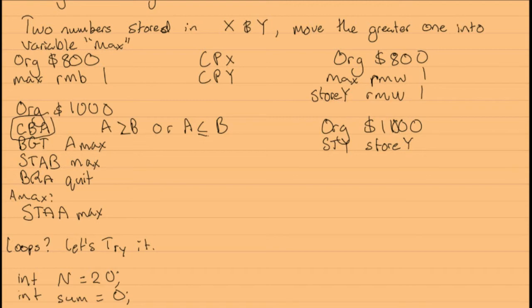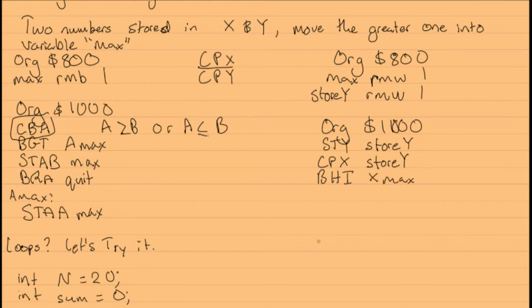Okay, so now that we have our Y in our memory location, we can use this command here to compare register X to our store Y. And then we'll do the same thing here. We're going to see if it branches high, we're going to move to something called X max.